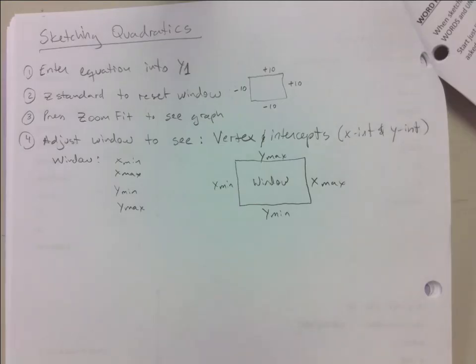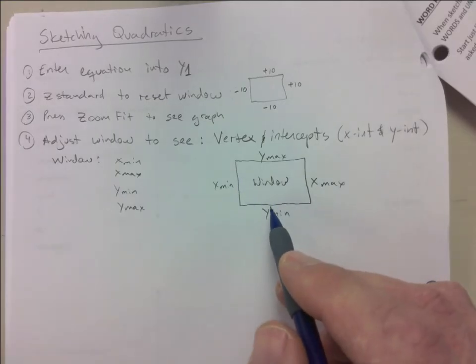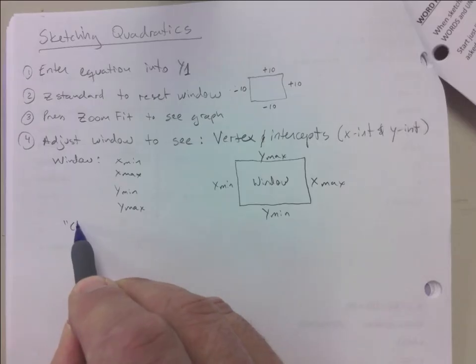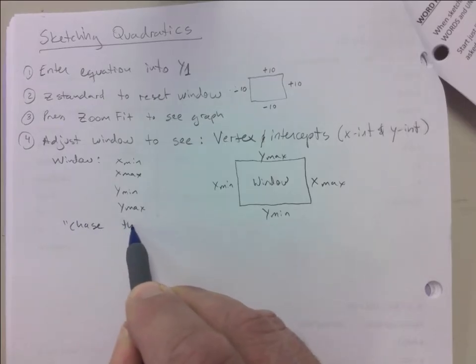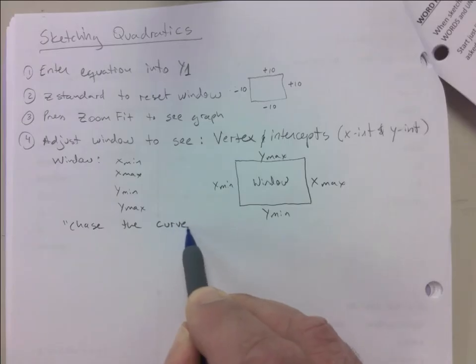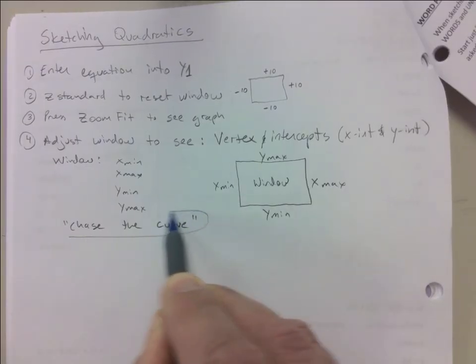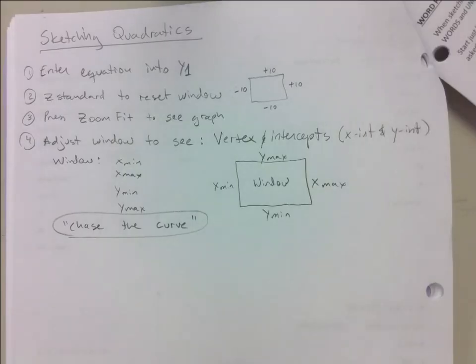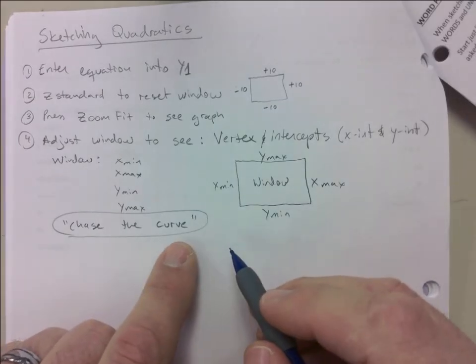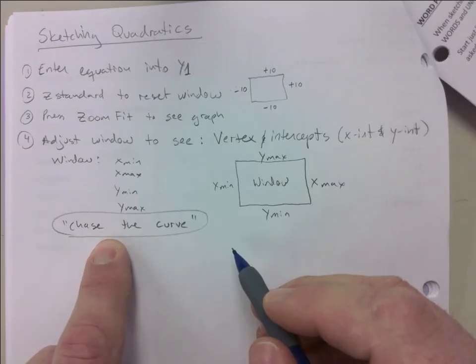So you're going to have to navigate that, and I'm going to call this, you basically chase the curve. That is a term that I use. Like you're basically going to chase it. Basically, like, oh, wait a minute, I see a little bit something here, but let's see where it's going. And let's see where it's coming from, right? So chase the curve.